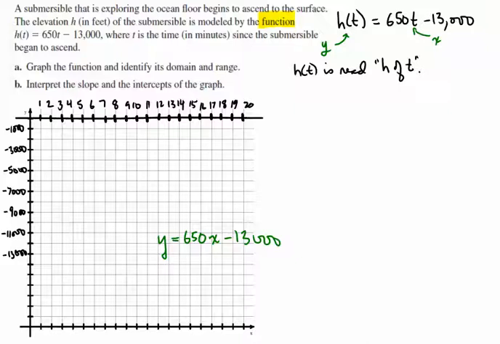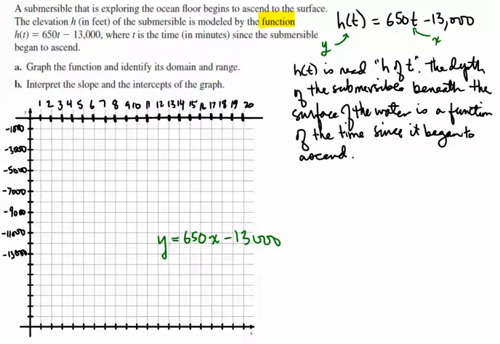Now, why is function important? Well, again, a function is an input-output object. You give it an input and it gives you back an output. In this case, you're going to give it the time, and what it's going to give back is the depth of the submersible below the surface of the water. So once again, why is height a function of time?